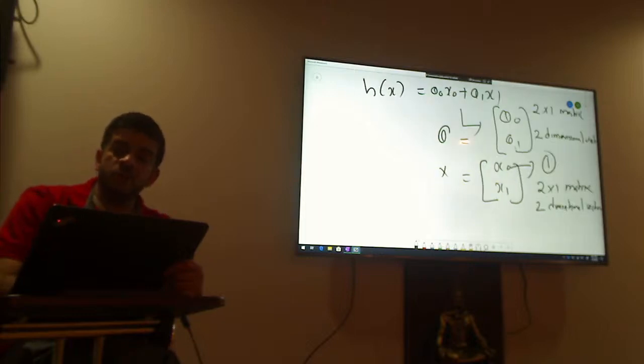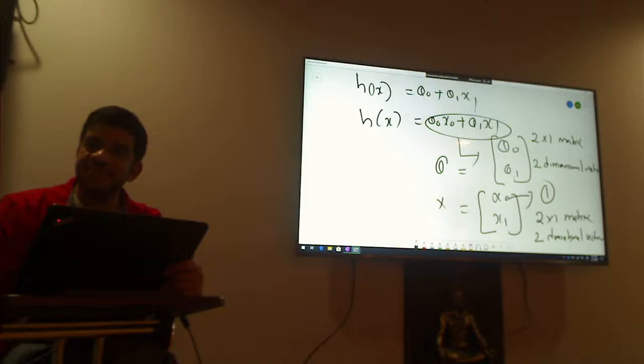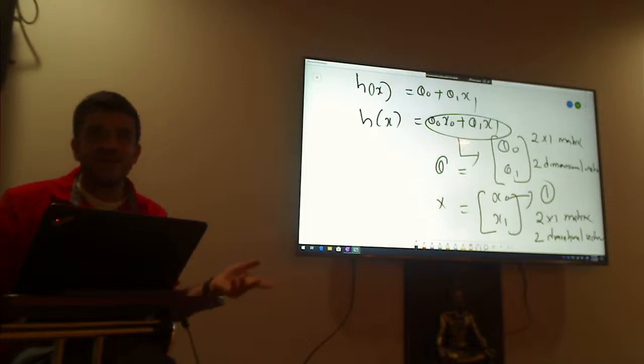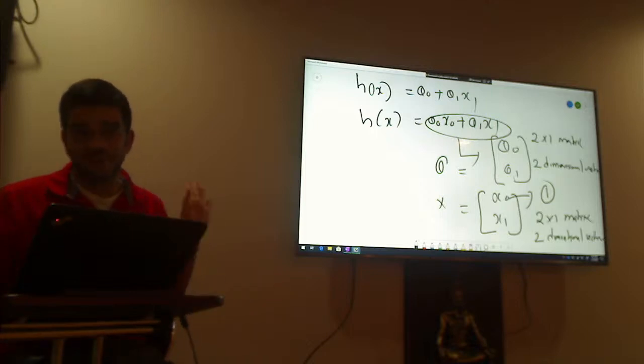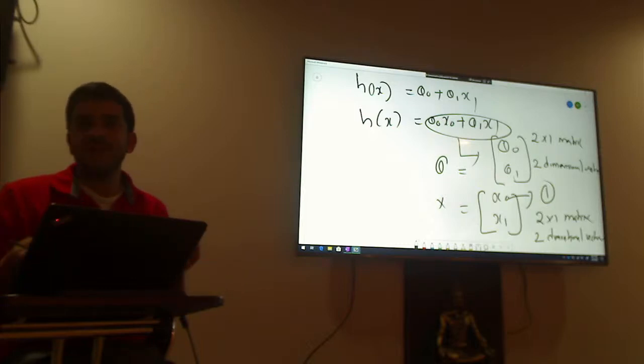What I'm trying to do here is simplify this equation. Here there are only 2 items, so I can just write it. But imagine n happens to be 25,000, which is quite possible. Writing all these values in a problem-solving case would be difficult, so I need a simplified way of representing this.